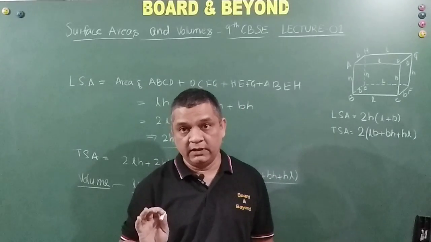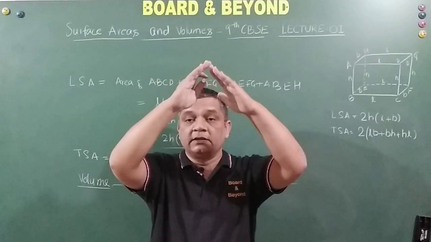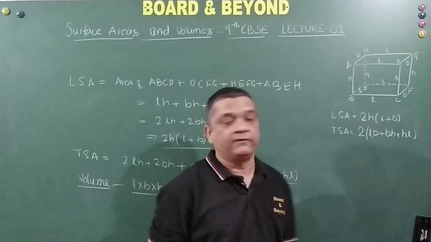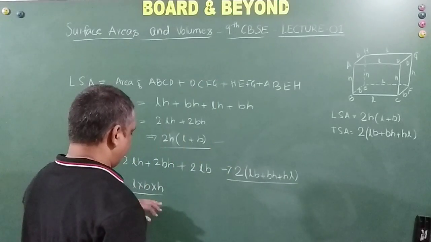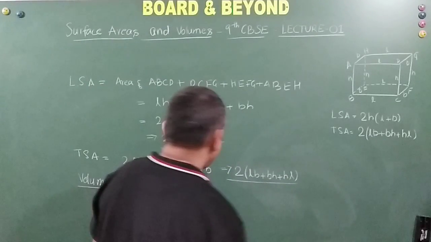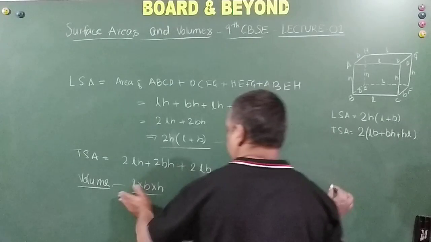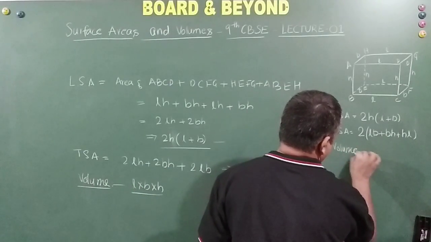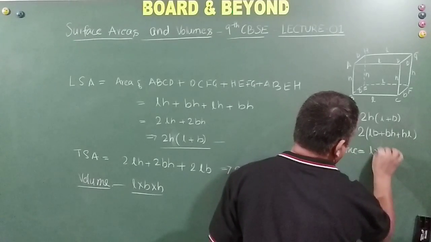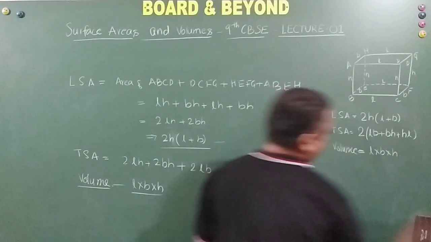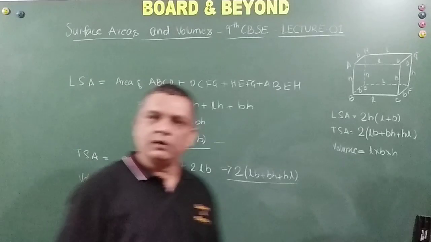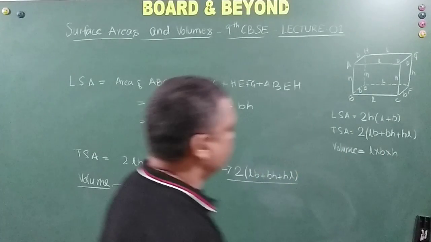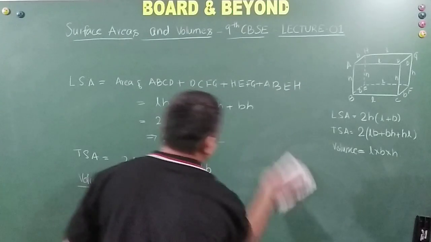You are getting my point? Because the height is slant, it's a triangular shape, it cannot be applied for a cone. So this becomes L into B into H. This is very simple. So volume is equal to L into B into H, right? So we have understood lateral surface area, total surface area and volume of a cuboid, right, friends?